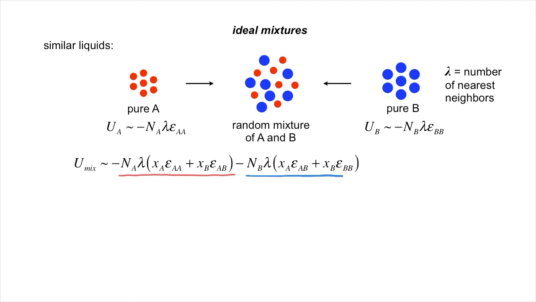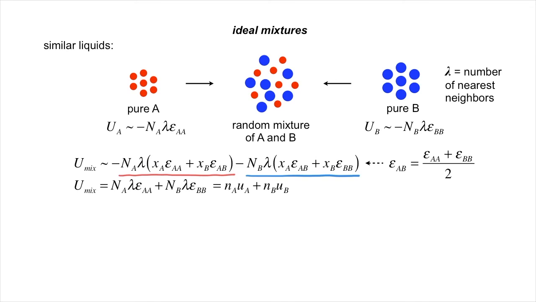A similar argument holds for the B molecules. If we now substitute that epsilon AB is an arithmetic average of epsilon AA and epsilon BB, we find that U of the mixture ends up just as the sum of the internal energy of the unmixed components.